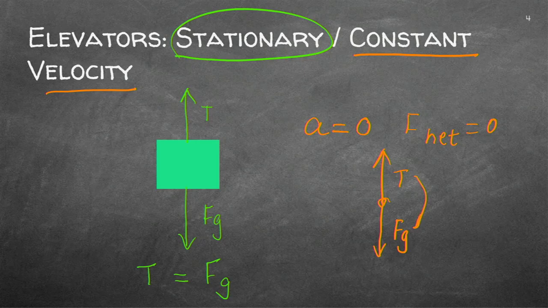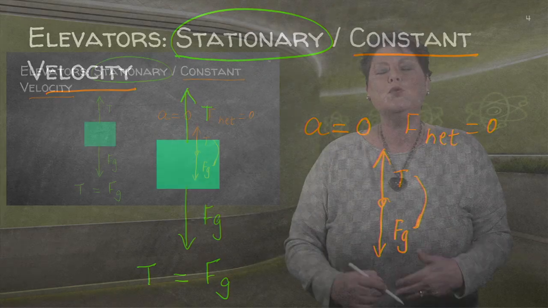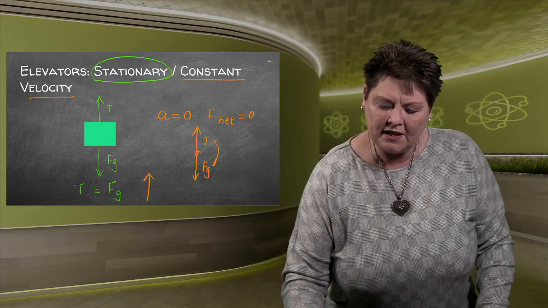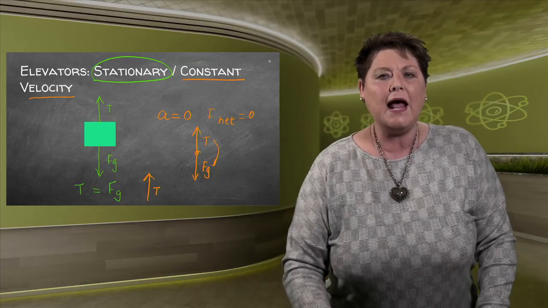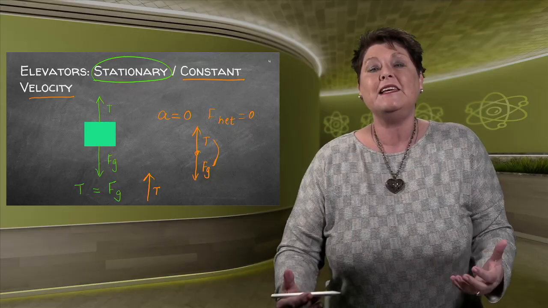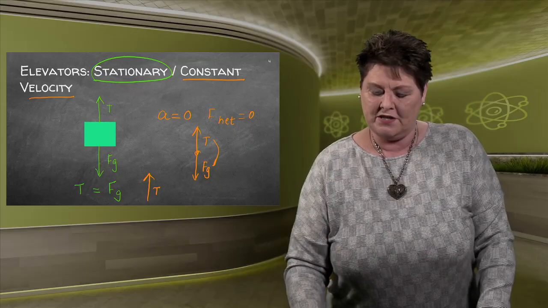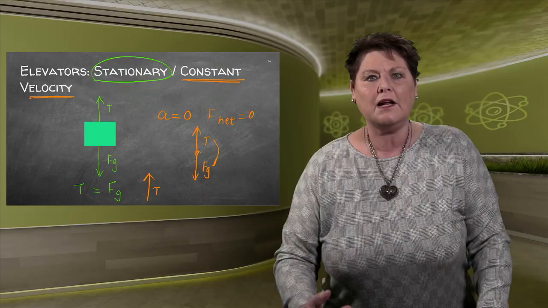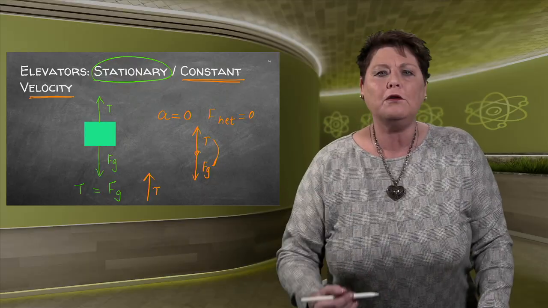Now, where will this take place? Let's say, for instance, you get into the elevator and you move upward, then the tension will be increasing. And then let's say you're going up for 10 or 17 flights of stories, then there will be a constant velocity. You aren't accelerating all the way because then you would go through the roof.